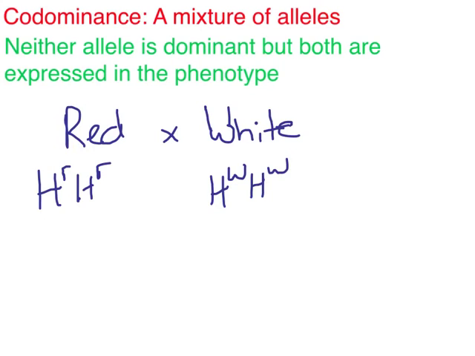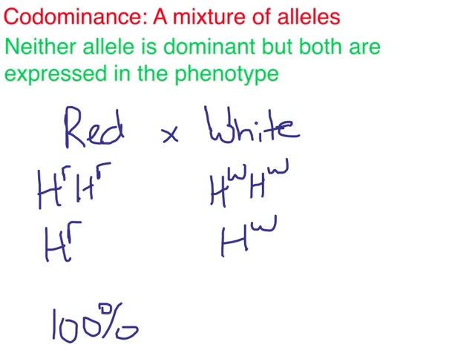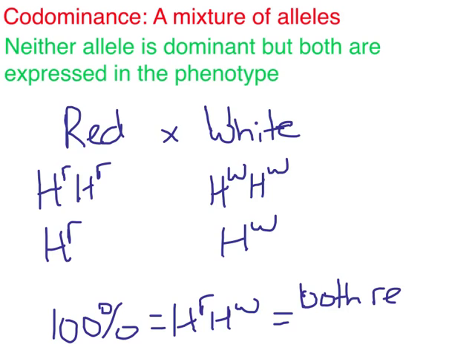Okay, so if these two individuals are in fact going to cross, well, the gametes that this guy is going to produce are that, and the gamete that this cow is going to produce are that. So that means that 100% of the offspring are going to be HRHW, which is a mixture of those alleles, and therefore the cow is going to have both red and white hair.